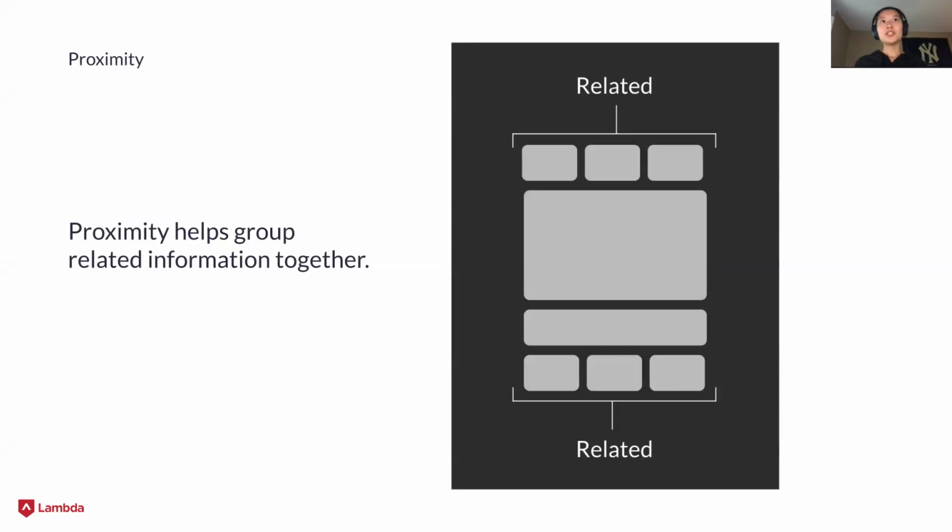Now, this next one should look familiar because we talked about it as one of the Gestalt principles, but here it is again, and it's this idea of proximity. Another way that we can use spacing is working with proximity. By using proximity, we can help group related information and imagery together. This helps call attention and lend importance to elements that might otherwise seem unimportant.